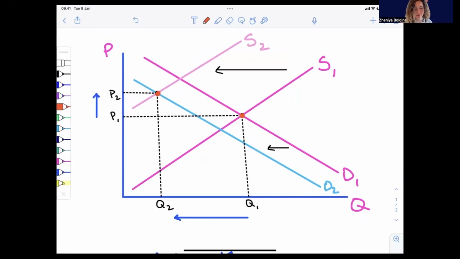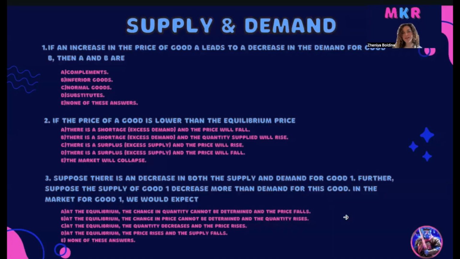In that case, our final quantity would still decrease, but our price would also decrease. But in this case, we have a greater shift in supply. So when we go back to the question, we see that the answer has to be C, as at the equilibrium, the quantity decreases from Q1 to Q2, and the price rises from P1 to P2. So the answer is C.